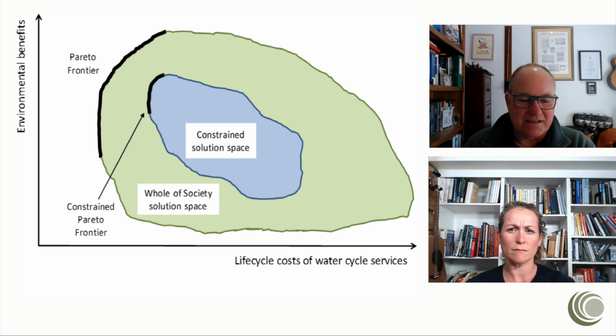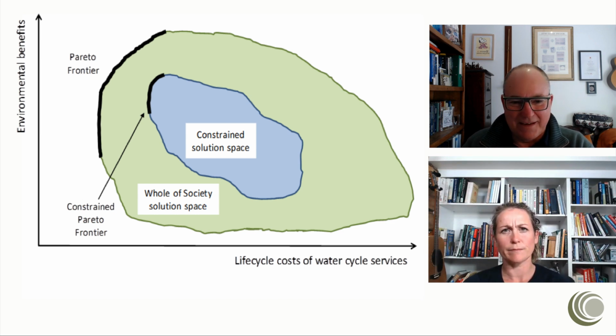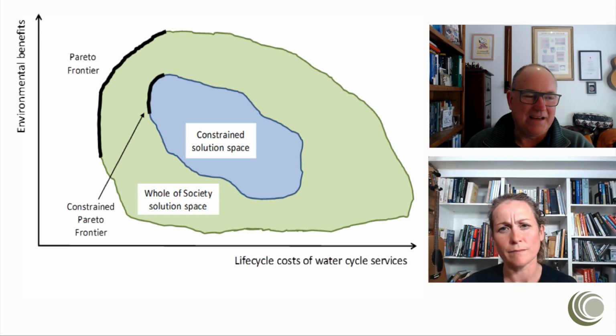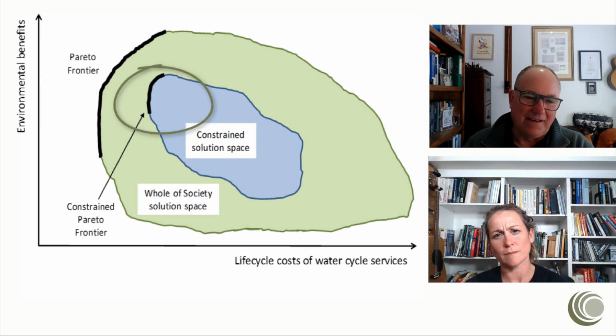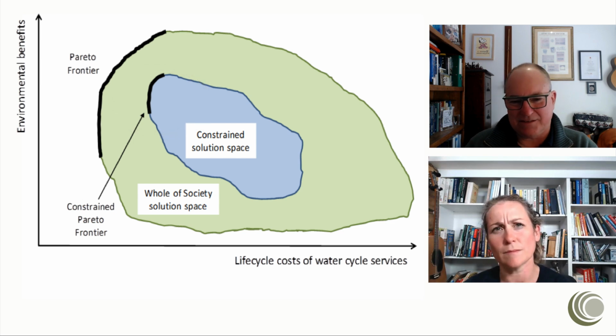The way we think in society, when we're trying to consider whether or not something has a benefit, is based mostly, if it's water, on the utility thinking paradigm, which is that blue blob. And when we say we've got the best answer, it's that black line at the start of it, closest to the environmental axis. So that's the best answer for environment and costs.